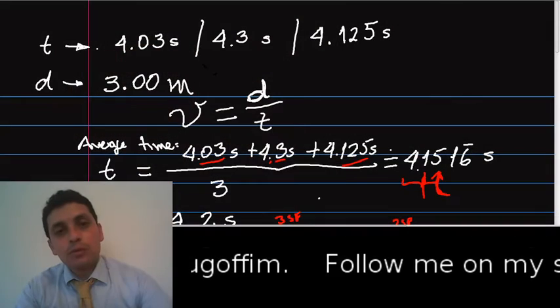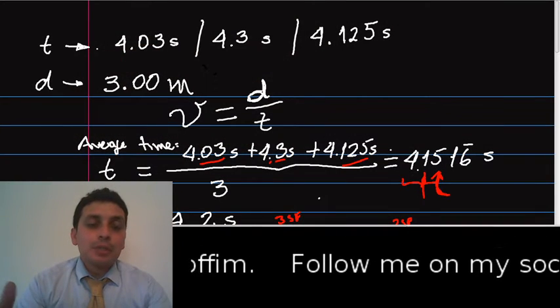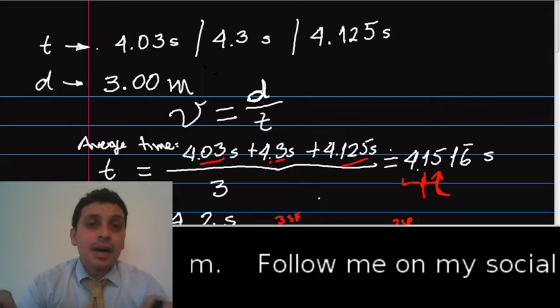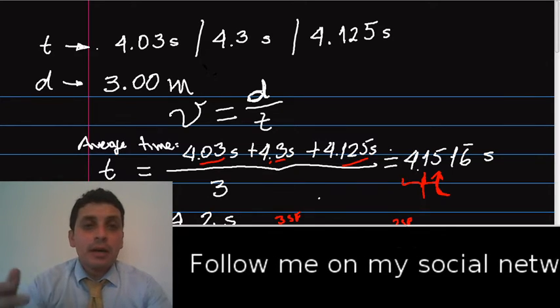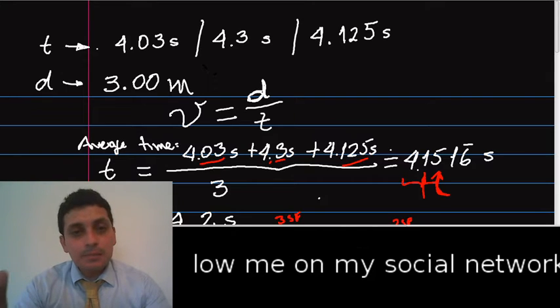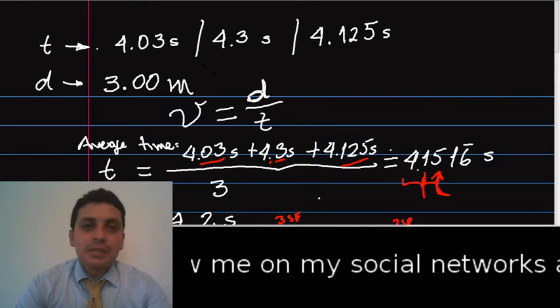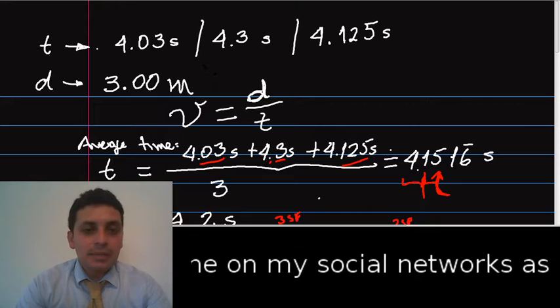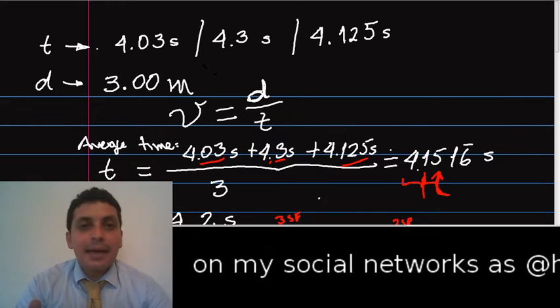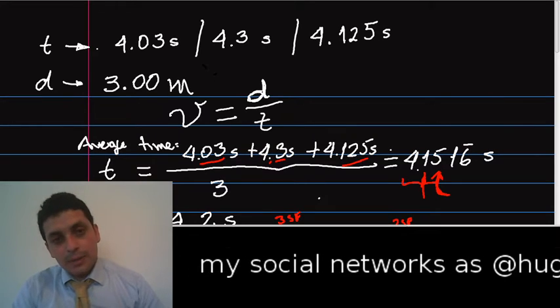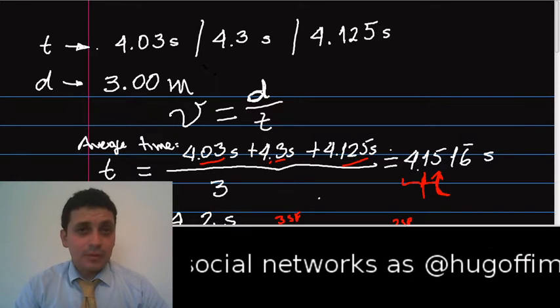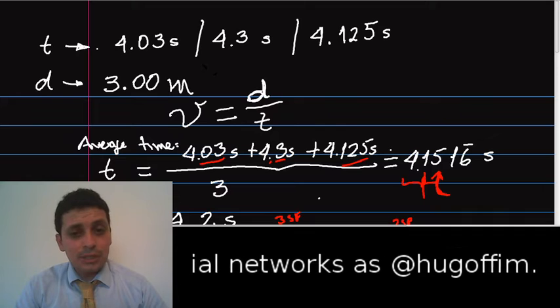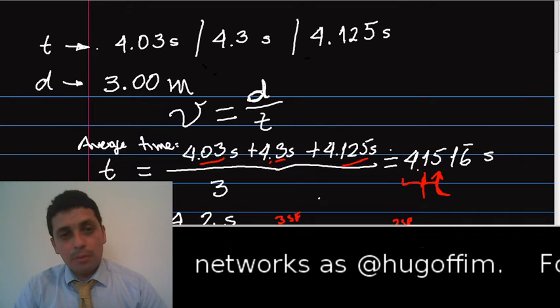Just for you to remember, what we established was that we have three different times measured with different instruments, and we have a distance, and we want to determine the speed by dividing distance and time. So I'm going to start by adding a relative uncertainty and absolute uncertainty to the numbers.